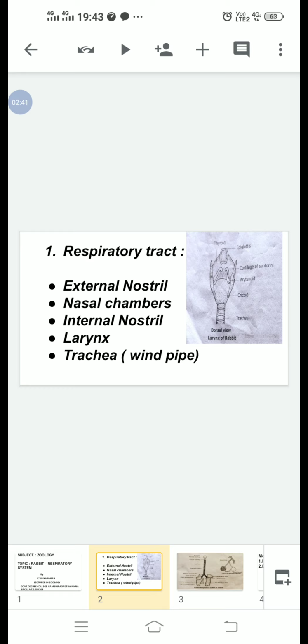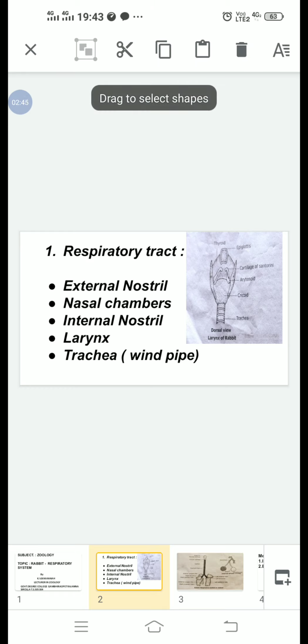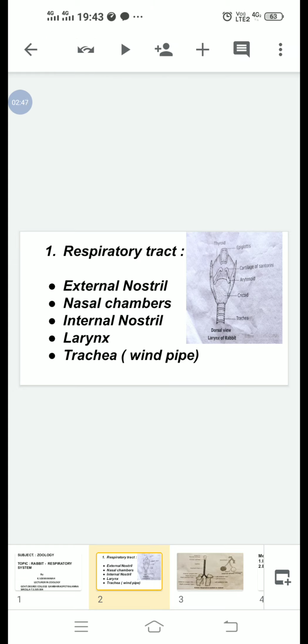First, external nostrils. A pair of oval external nostrils obliquely placed at the tip of the snout. They open into nasal chambers. Next, nasal chambers.